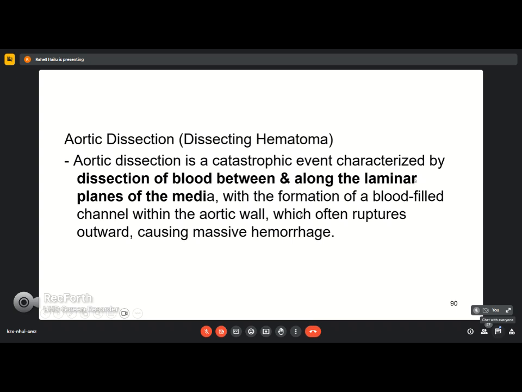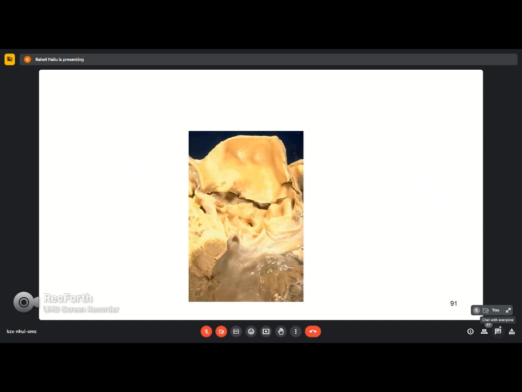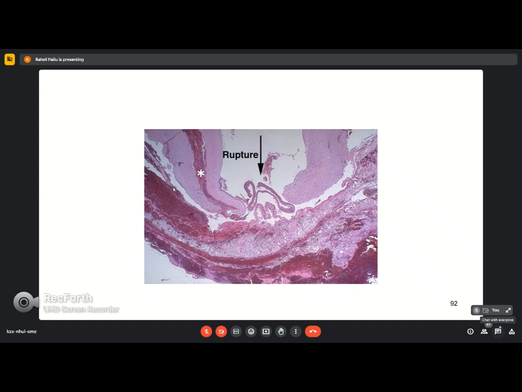And it often ends up rupturing outwards, which eventually causes massive hemorrhage. So here is the internal wall, and you can see the tear here. But you can see posteriorly the opposite aspect of the wall, which tends to be intact. So here, an intimal tear, and the dissection here.